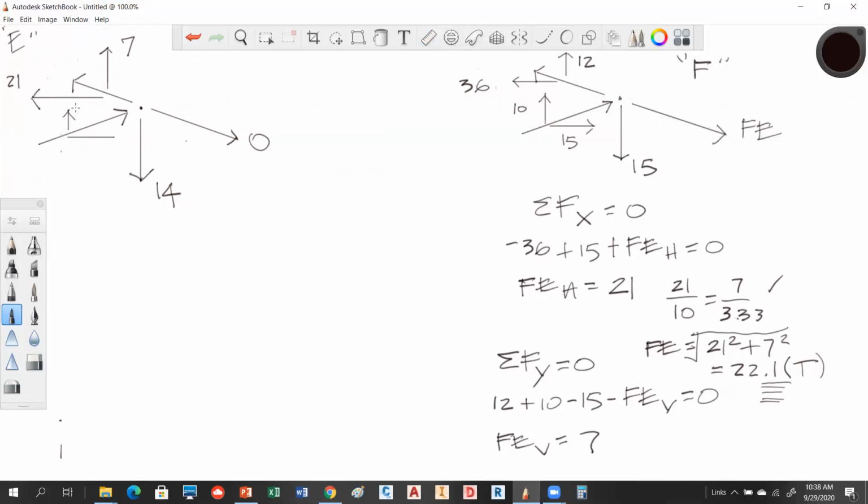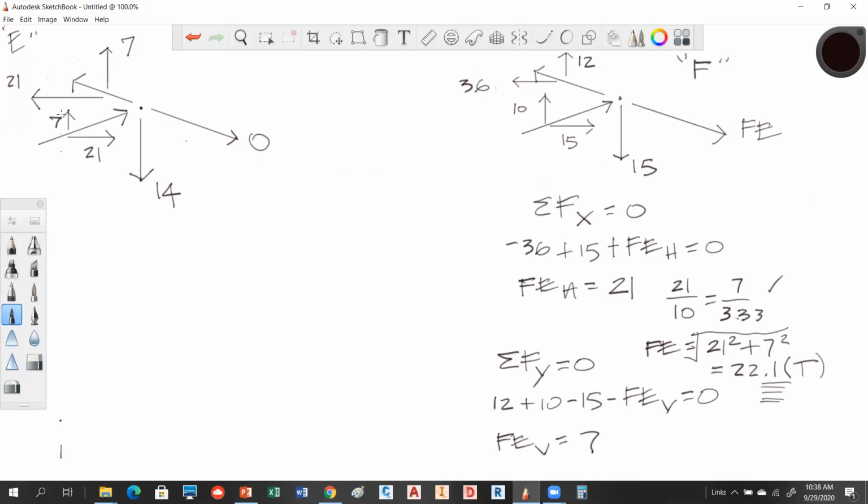So we got this guy and this guy. What were the components of that? They better be 21 and 7. Yeah, it looks like I got horizontal 21 and 7. You guys agree with that? Yes.